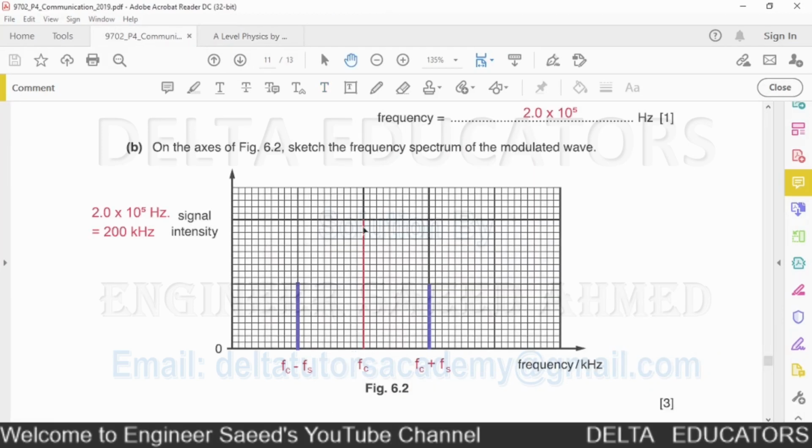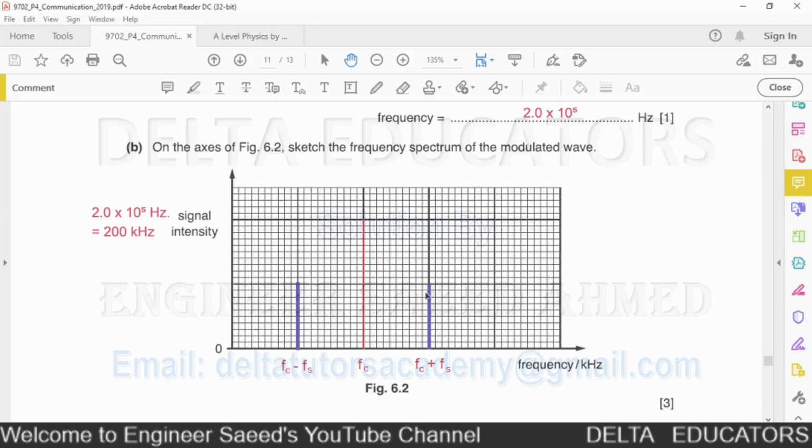This line is for the frequency of the carrier wave. This is Fc plus Fs, where Fs is the frequency of the information signal, and again here we have to draw Fc minus Fs. In our calculation, Fc is equal to 200 kHz, so this value will be 200 kHz.